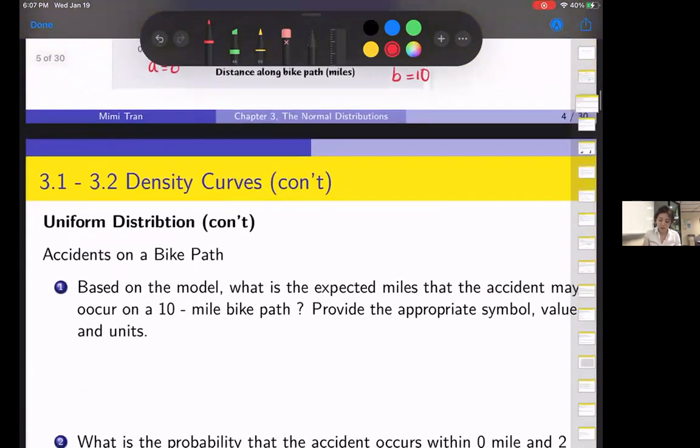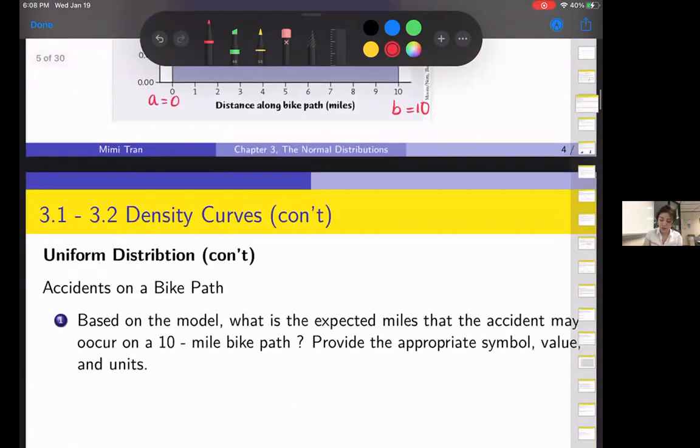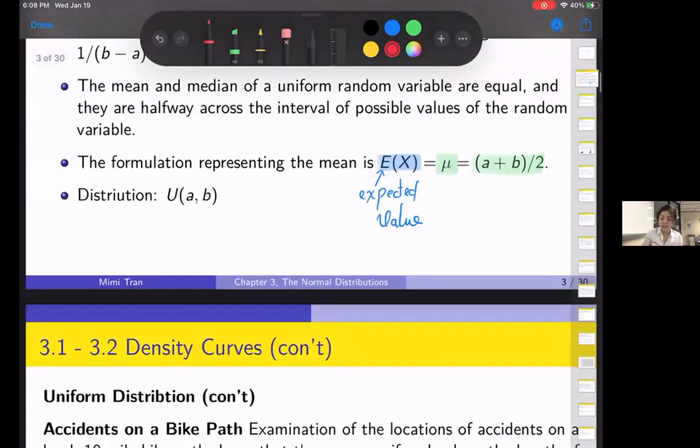Let's answer some questions. Based on the model, what is the expected number of miles at which the accident may occur on a 10-mile bypass? Provide the appropriate symbol and value in units. Expected value is E of X, and that's what they're asking you to calculate.